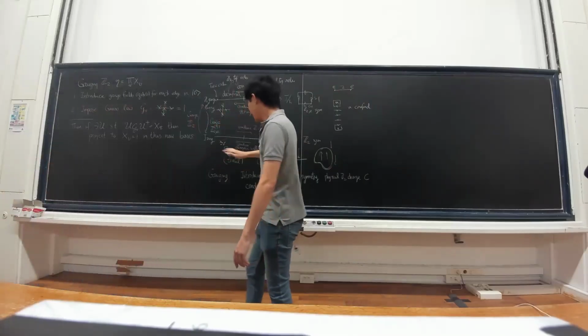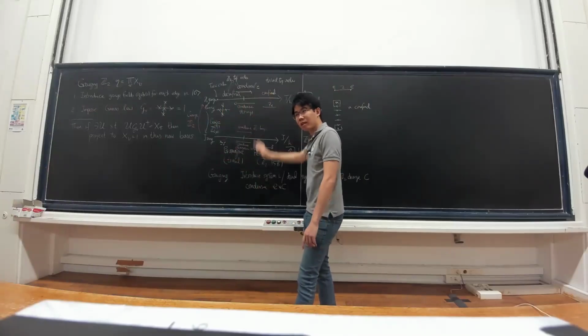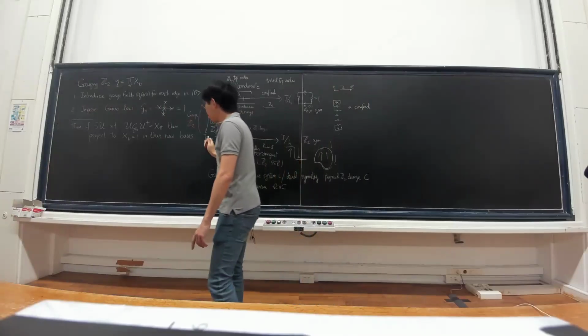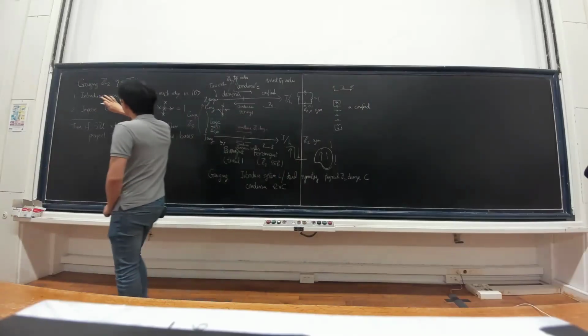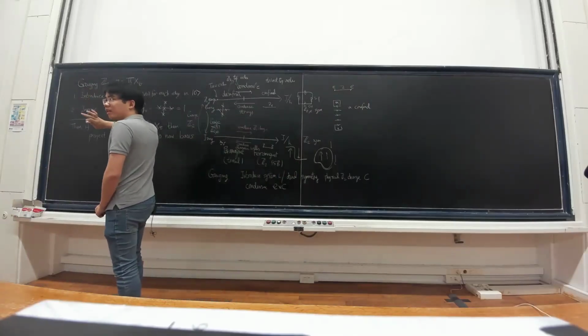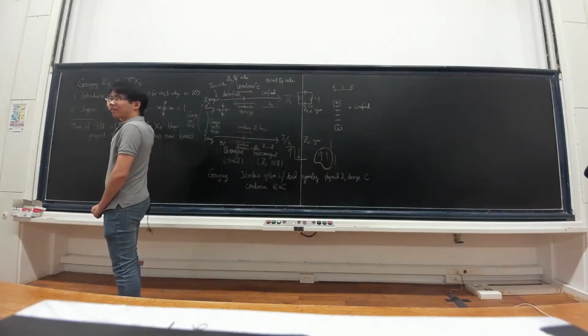Last time we saw how to do this at the level of the Hamiltonian, but today I want to go one step further, which is I want to actually see this gauging at the level of states and operators explicitly.